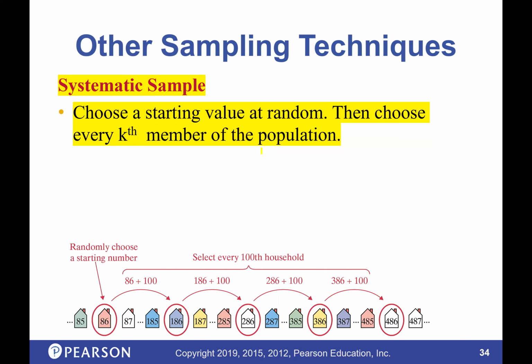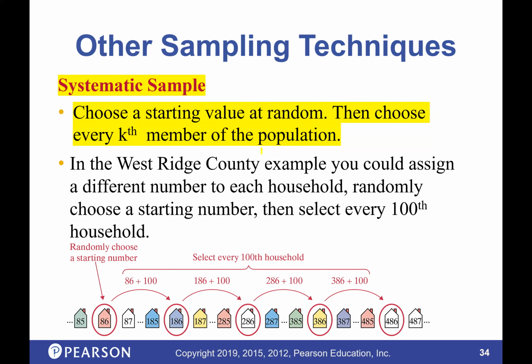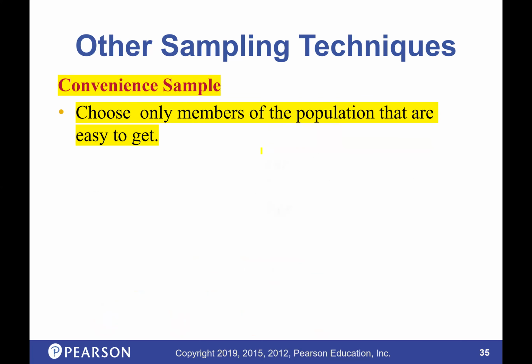And the last one, not the best one to use, but it sure works still. Boom. Last one. Just get whoever you can get. So let's see. Oh yeah, this one is usually what customer satisfaction surveys in stores are, right?